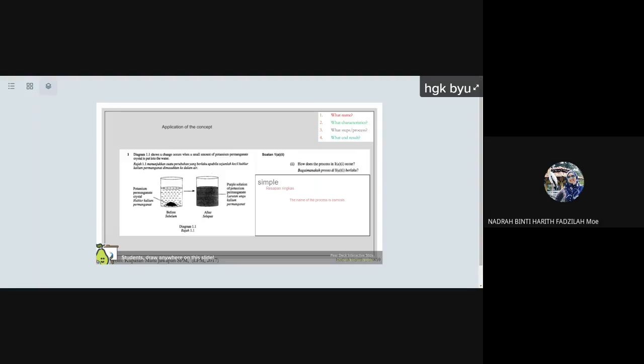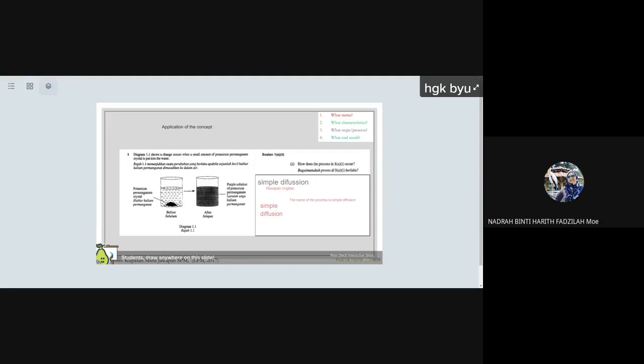Kalau kita nampak ada membrane, misalnya ada sel tumbuhan ke, ada sel haiwan ke, atau ada Visking tubing ke, sebab Visking tubing tu is our lab version of phospholipid bilayer, closest imitation to phospholipid bilayer.